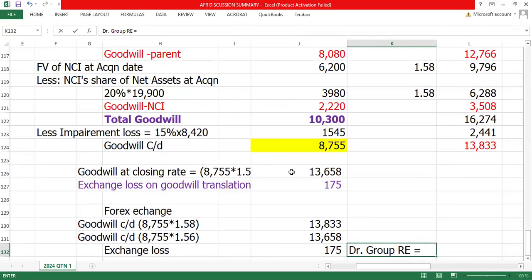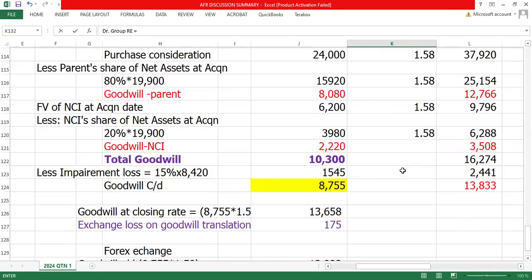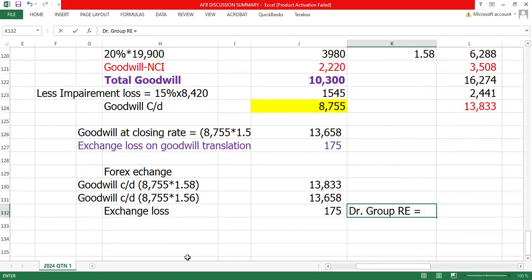It is only the impairment loss which affects both the retained earnings and the NCI. The impairment loss will be allocated because at this date, who is recognizing this? The parent. Who is recognizing this exchange loss? The parent. So this one will go directly to retained earning.